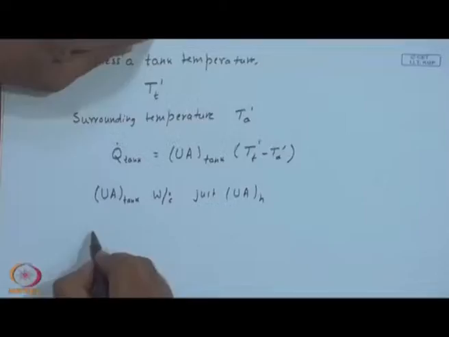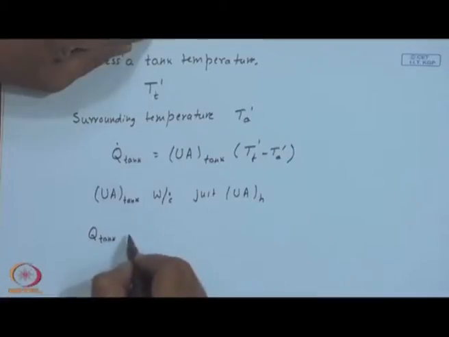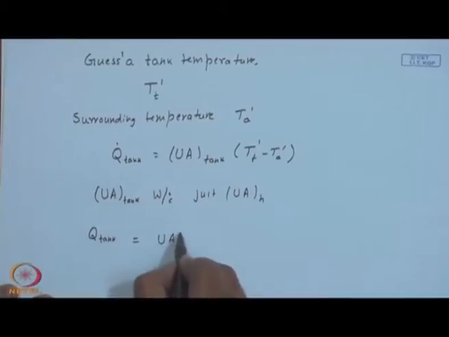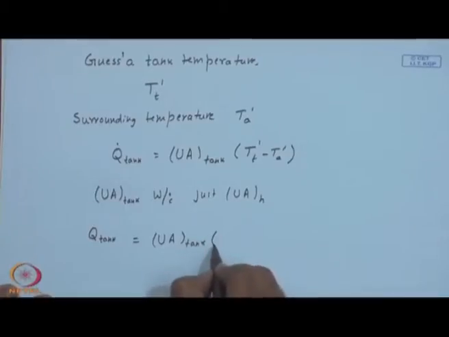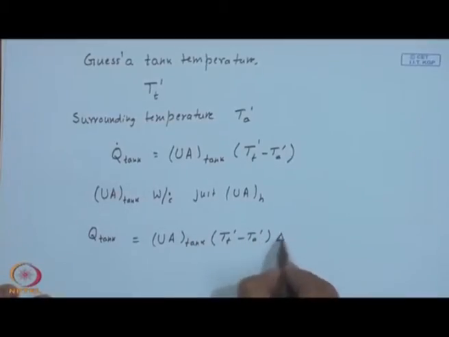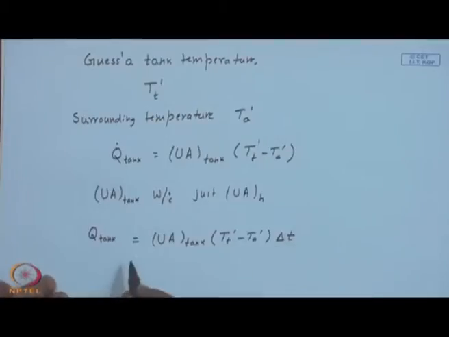If I integrate this q dot tank rate over the month and assume this T t dash and T a dash remain constant or some average value, I will get Q tank. It should not differ so much with the temperature. U a tank times T T 1 minus T a dashed times delta T, where delta T is the number of seconds in the month.